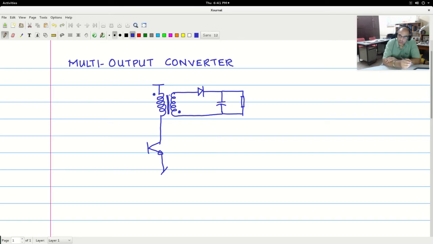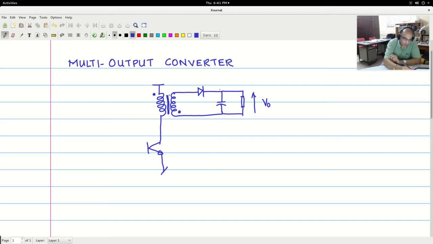Now how do we regulate the output V0? We can regulate this output V0 by means of the closed loop control topology that we have just discussed, and is as well applicable to even isolated converters.